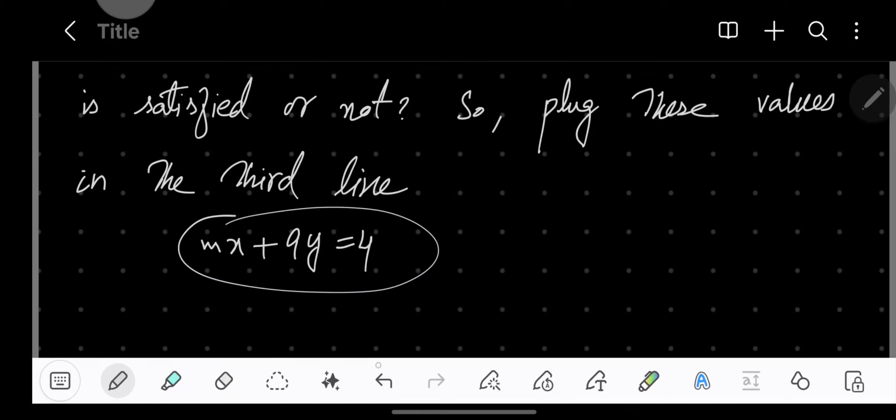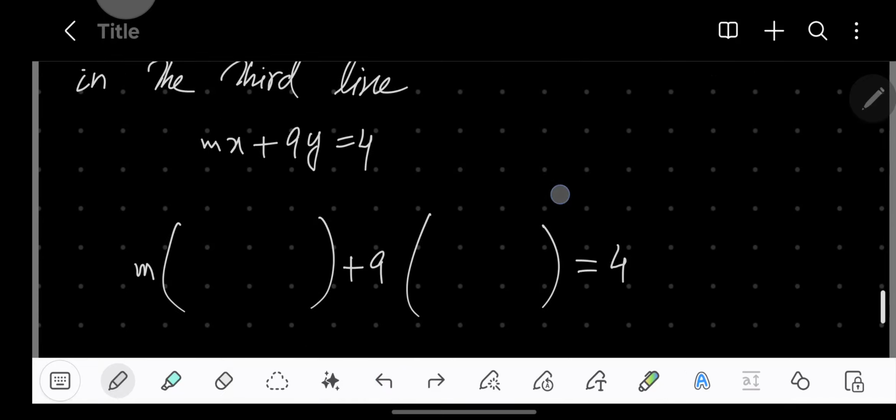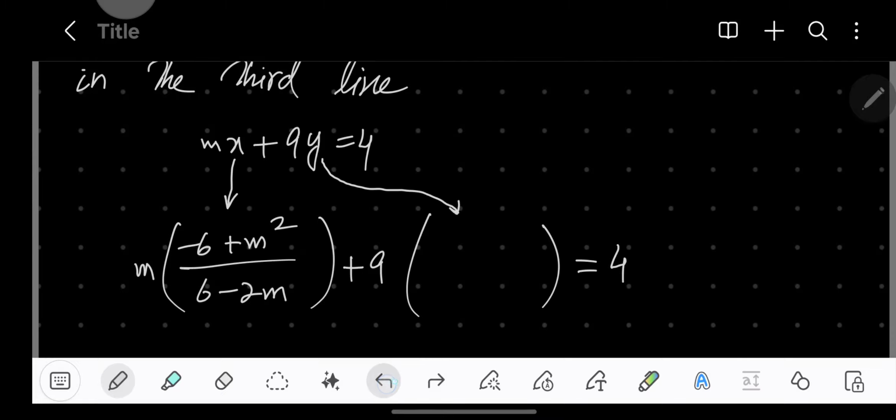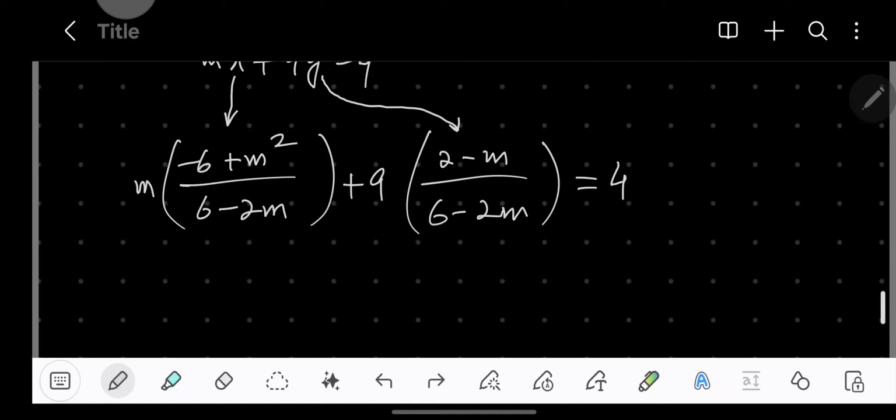This is the third equation. I have plugged m as it is, 9 as it is, 4 as it is. Now I will plug the value of x and the value of y here, since I have already found the values.